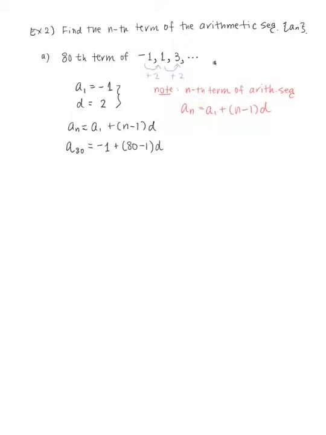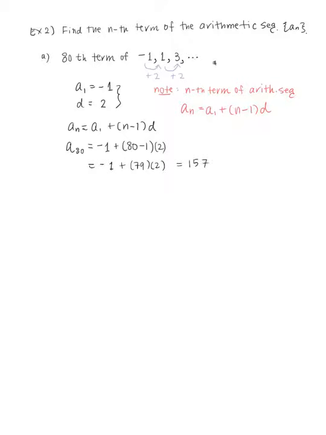Oh, d is 2. Sorry, let me just erase that. So then this is going to become negative 1 plus 79 times 2, and this is going to equal 157.